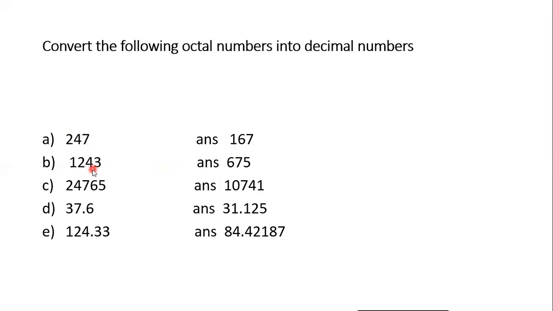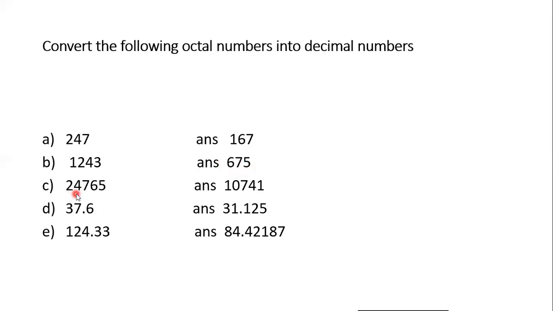Similarly, 8 power 0, 8 power 1, 8 power 2, 8 power 3. You multiply 1 into 8 power 3 plus 2 into 8 power 2 plus 4 into 8 power 1 plus 3 into 8 power 0. The answer is 675.